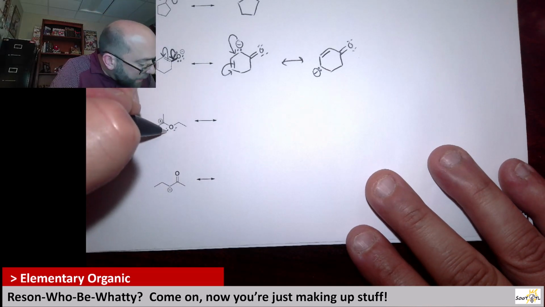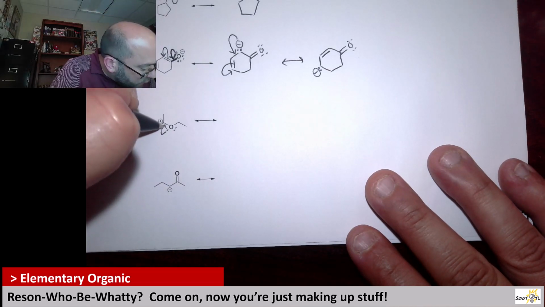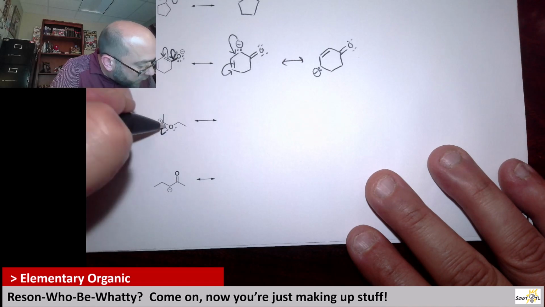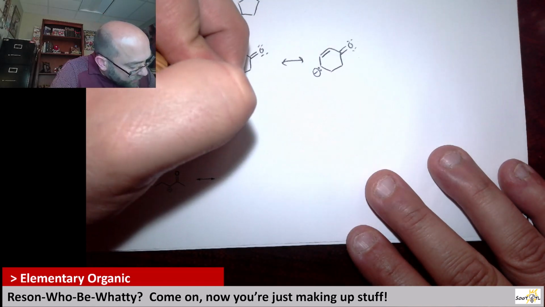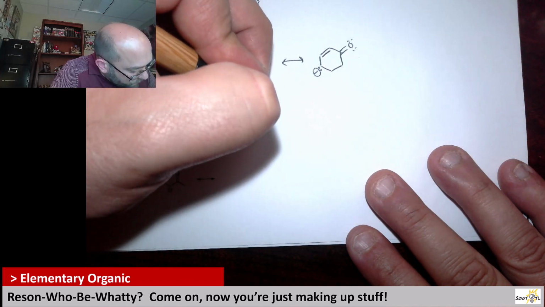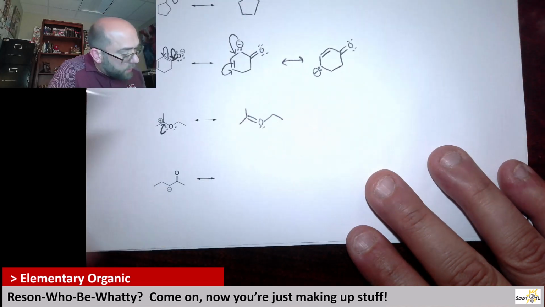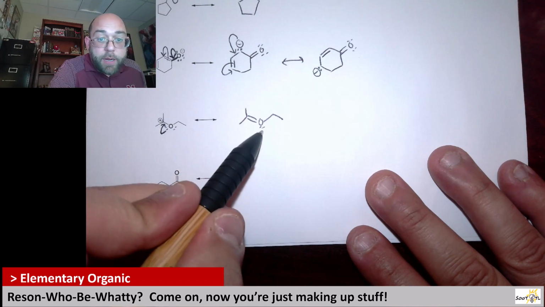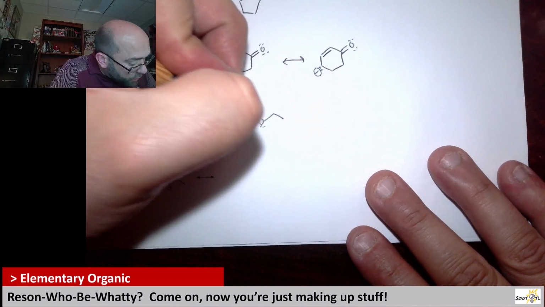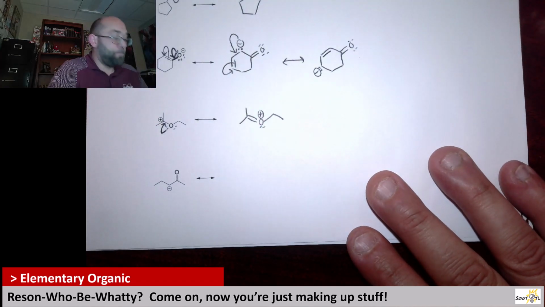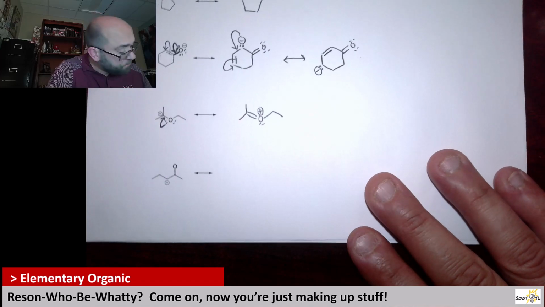So what we can see happen is this lone pair can move here and form a pi bond right there. So I would see as my resonance structure the oxygen now has a double bond, a single bond, and only 1 lone pair. And that would force the positive charge here on the oxygen. Okay? All right, and that's it. We don't really have anything else for that one.